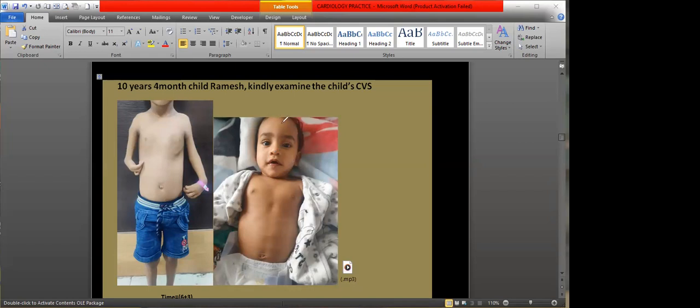What happens in this kind of children? Sometimes ASD, after growing up, spontaneously closes. Not all varieties, but most commonly ASD cases are found in a smaller age group. So be ready for that.